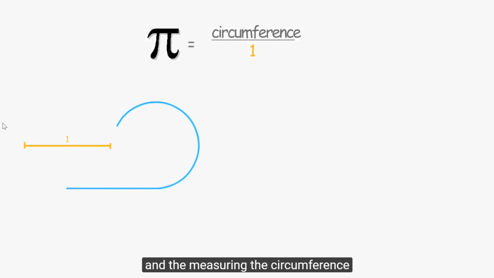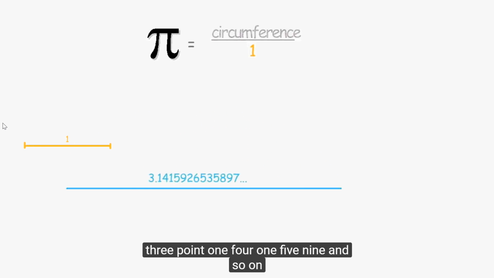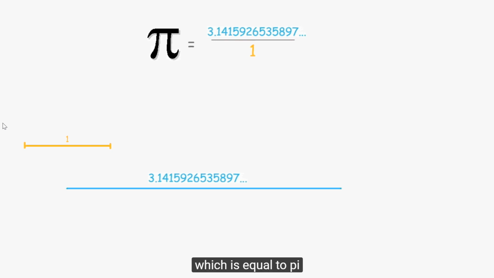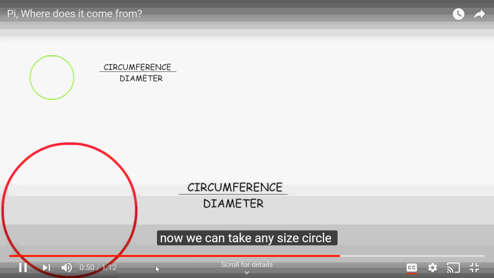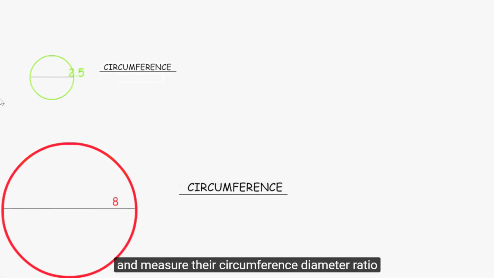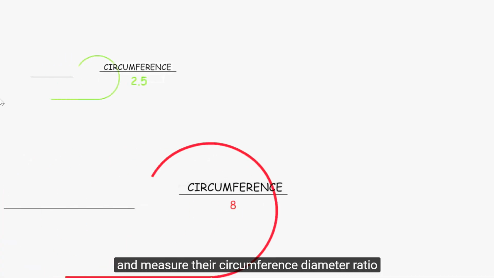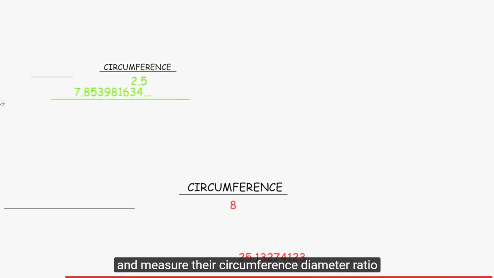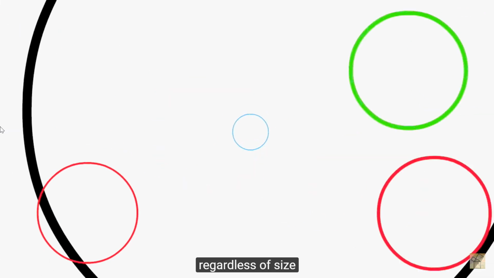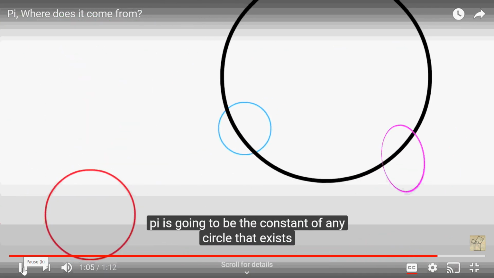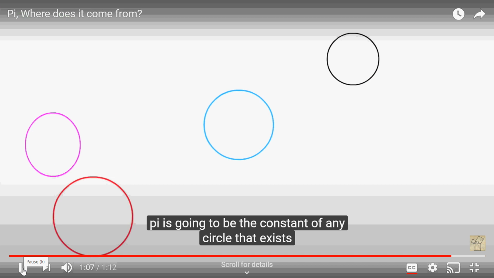And measuring the circumference is 3.14159 and so on, which is equal to pi. Now we can take any size circle and measure their circumference diameter ratio, and we see that we always get the constant pi. Regardless of size, pi is going to be the constant of any circle that exists.